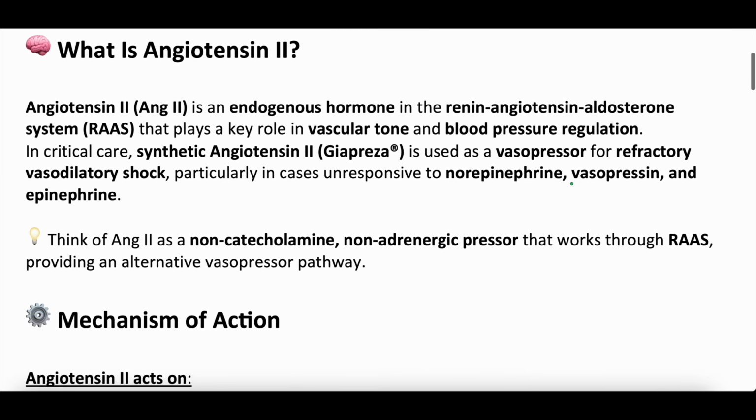What is angiotensin II? Well, angiotensin II is an endogenous hormone. We all have it in our body. And it's involved in the renin-angiotensin-aldosterone system, more commonly referred to as the RAS system, which many of us are probably familiar with. Depending on how close we are to our training or schooling, some of these memories might have faded, some might not have.